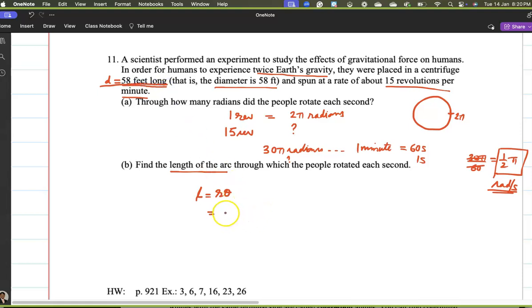Half of 58, that's 29. 29 into half pi, so 14.5 pi.